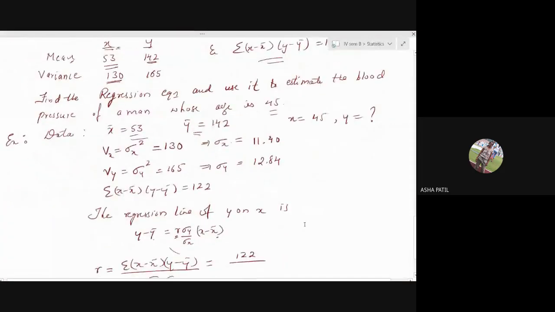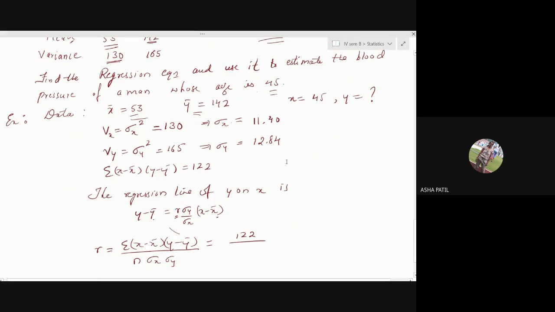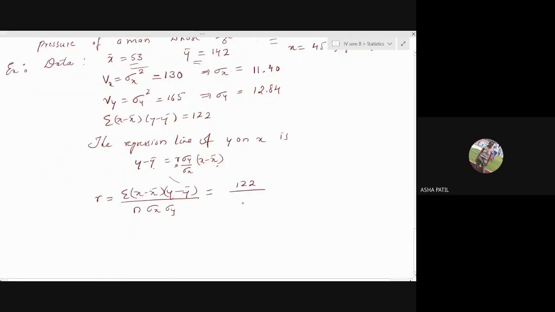And then n, how much is n? 10, ma'am, because they are given 10 men. So the number of men is 10. We'll take n as 10. Check how much you get.